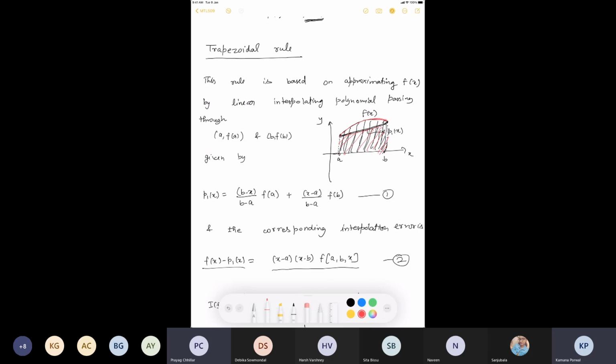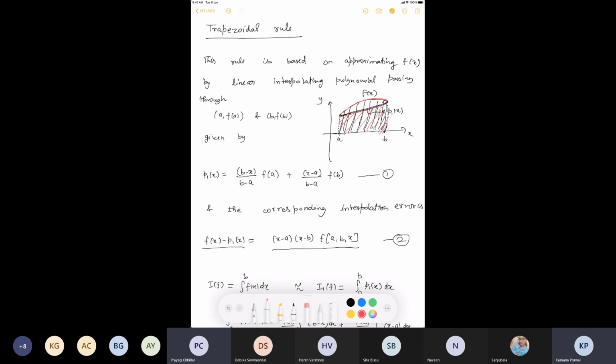Okay, so the idea is that we are approximating by a linear polynomial in the whole interval, but we have already seen there's something called piecewise interpolation, right? So what if I divide this interval into subintervals, and then in each of the subintervals I approximate it by a linear polynomial? Then of course you can picture that you will get a better approximation.